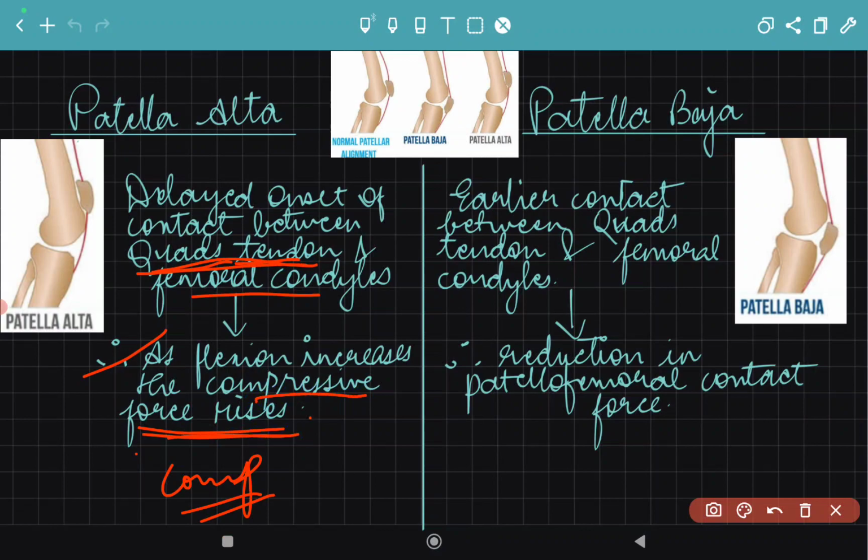And who has to bear it? Here, the patellofemoral joint or the patella has to bear this compression. So the longer patellar tendon is the culprit here for placing the patella at a higher position and delaying the contact of the quadriceps tendon beyond 90 degrees of knee flexion, which is causing the problem, and hence the compressive force is rising.